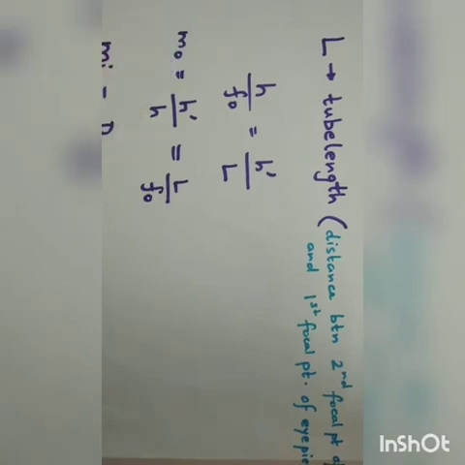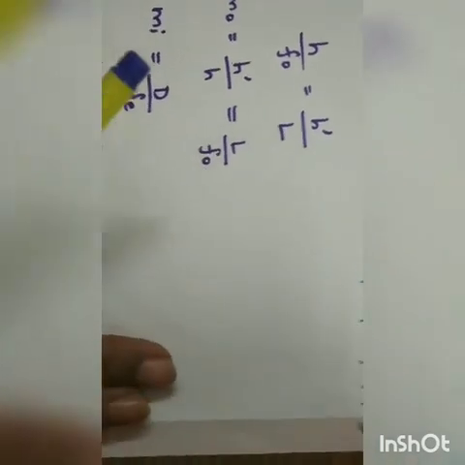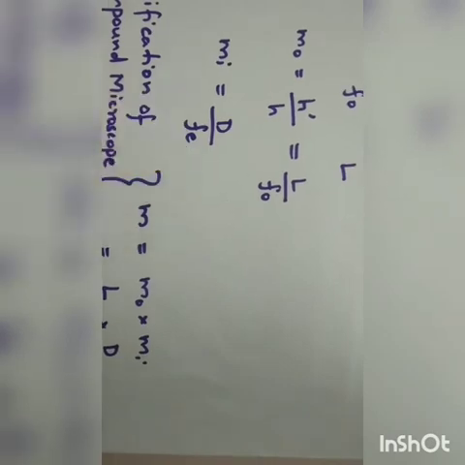What about the magnification of the eyepiece? We have already studied, it is D by F. We have studied two formulas, 1 plus D by F and D by F. When do you get D by F? We get D by F when the object is kept at the focus.